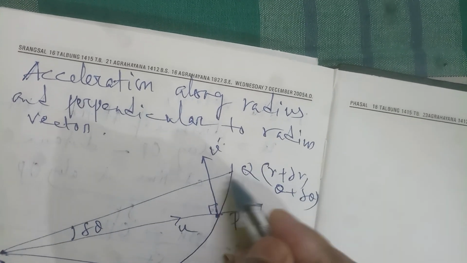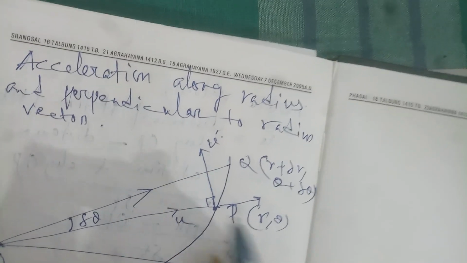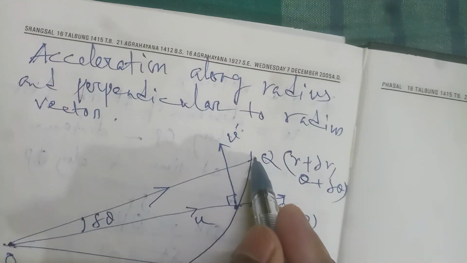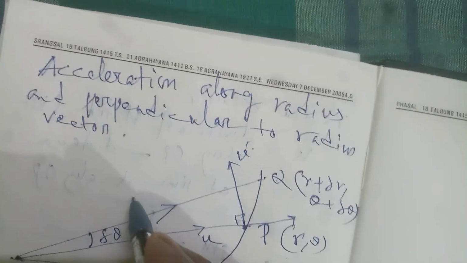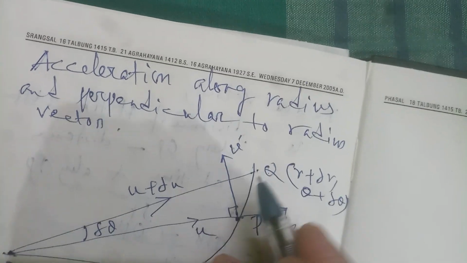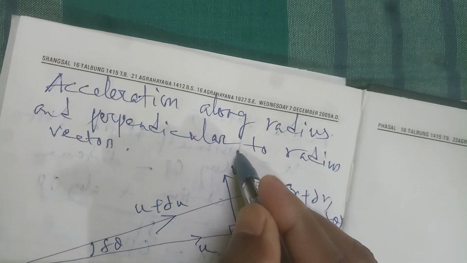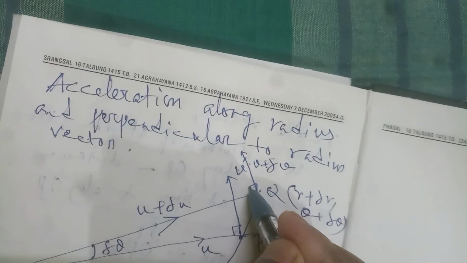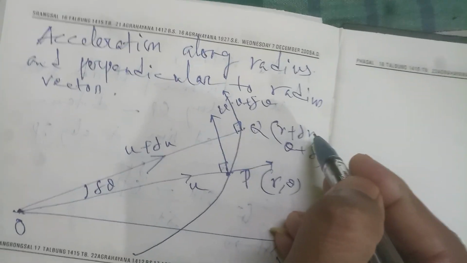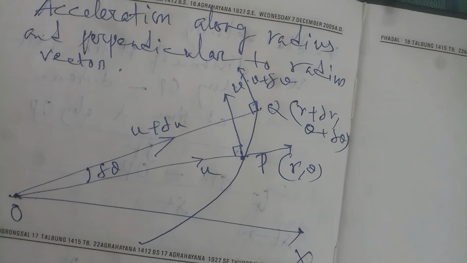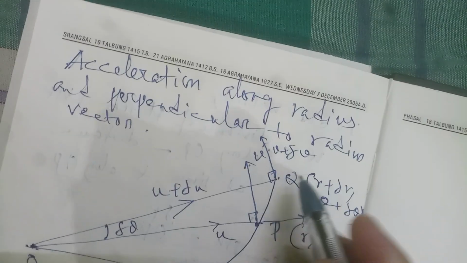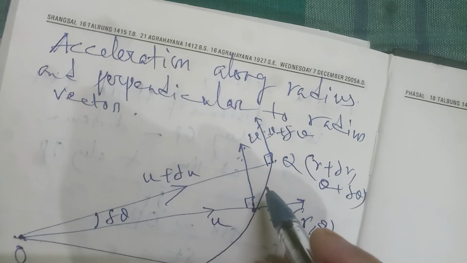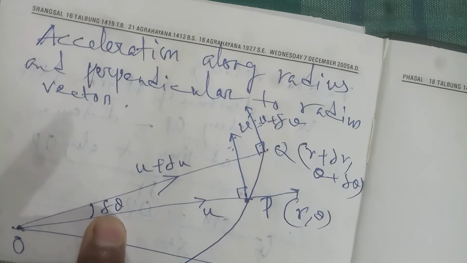So let us assume that the velocity along OQ at time t plus delta t will be u plus delta u, and the velocity perpendicular to the radius vector OQ will be v plus delta v. These two make an angle delta theta.